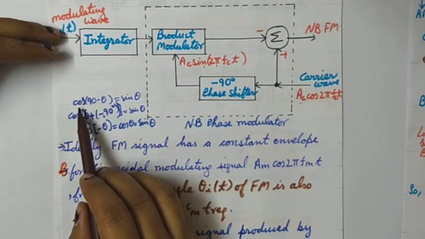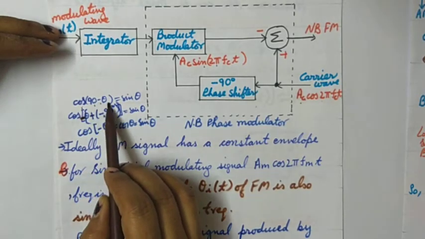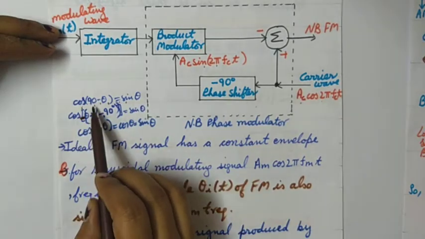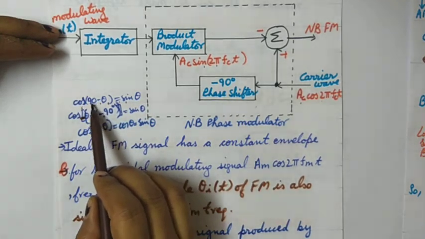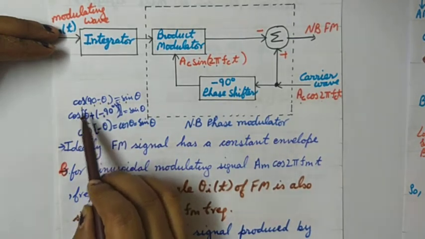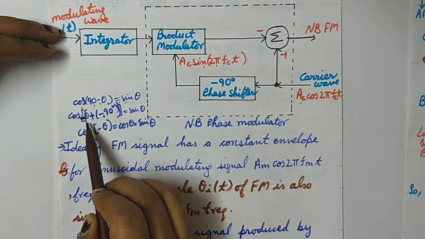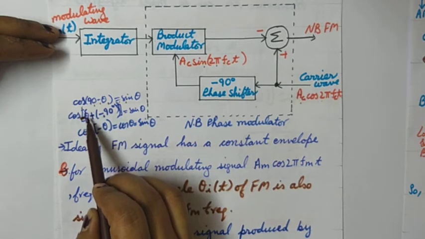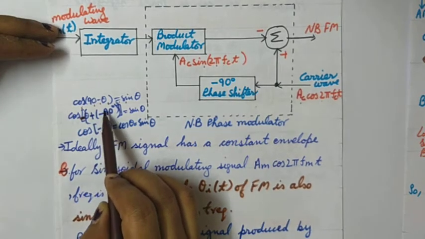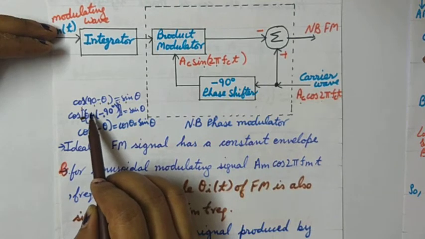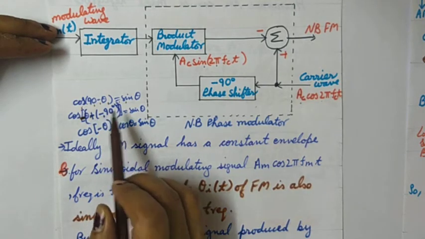See, cos(90 minus θ) gives us sin θ, and if I take minus common inside the bracket, what will be inside the bracket? θ minus 90 degree.